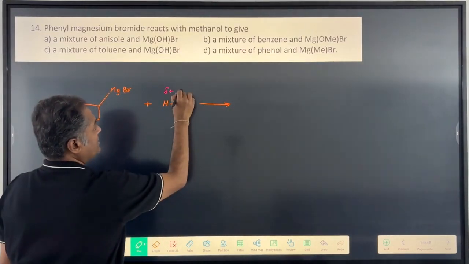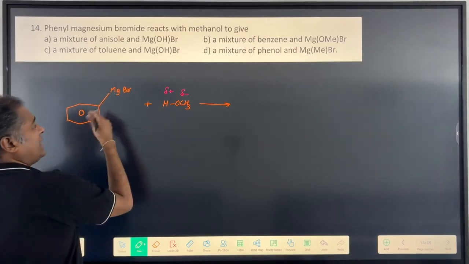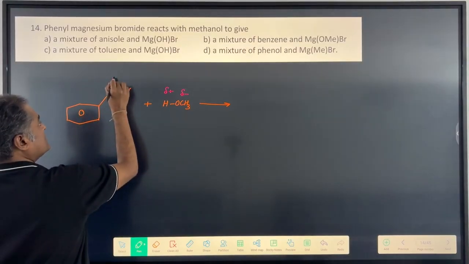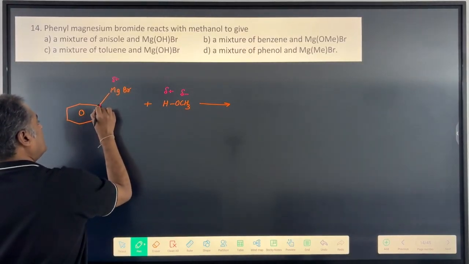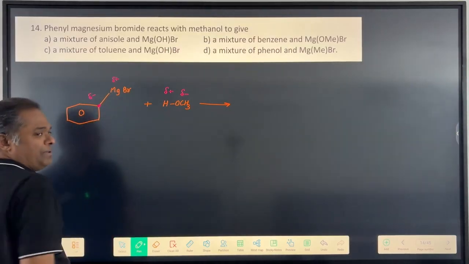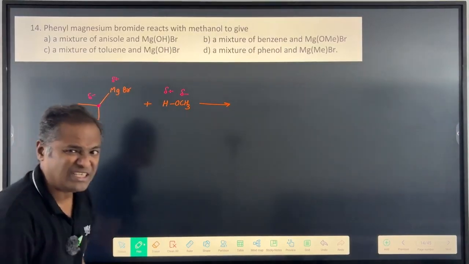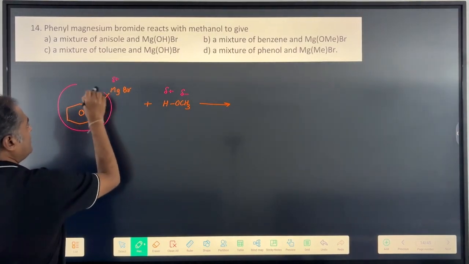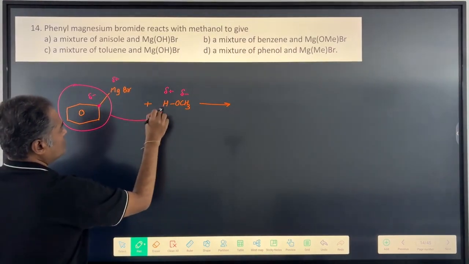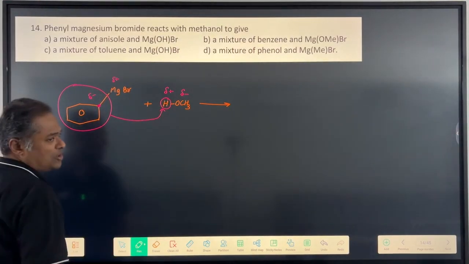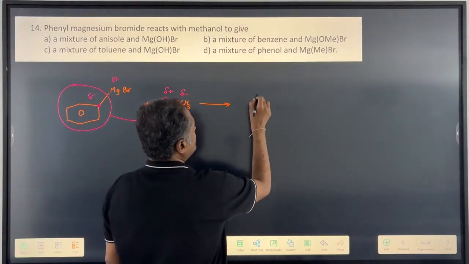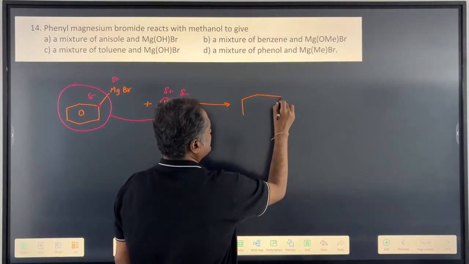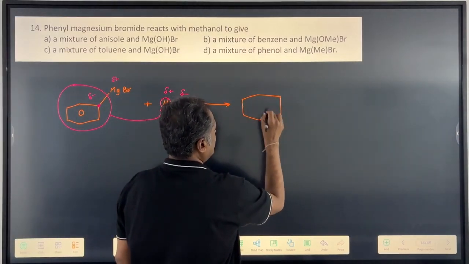So this becomes your delta minus part. Now we know that in the Grignard reagent, magnesium is the positive part and this carbon atom is the negative part. So what happens? Here your Grignard reagent will act as a base, so it will go and attach to this H. So the answer obtained in this case would be benzene as the product, correct?